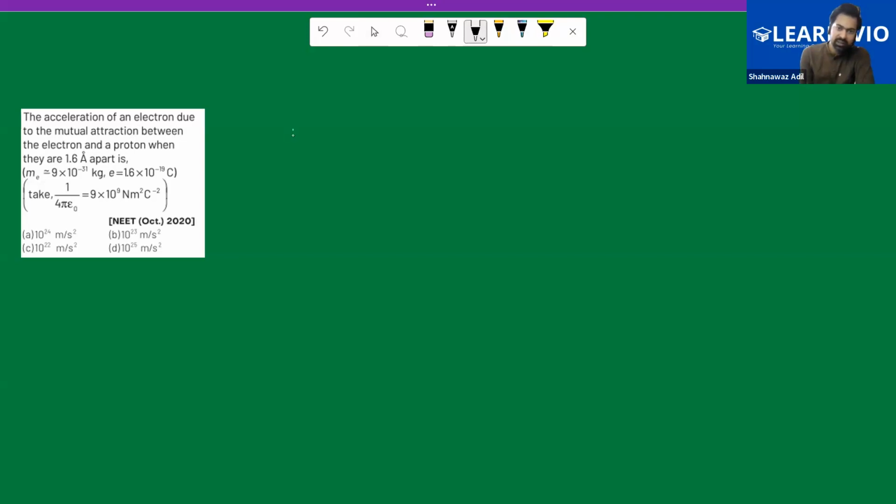These are two charges, plus e and minus e. So Q1 is e and Q2 is minus e. We are only considering the magnitude, so we will just take the positive e. So the force between these two things would be k Q1 Q2 by r square.